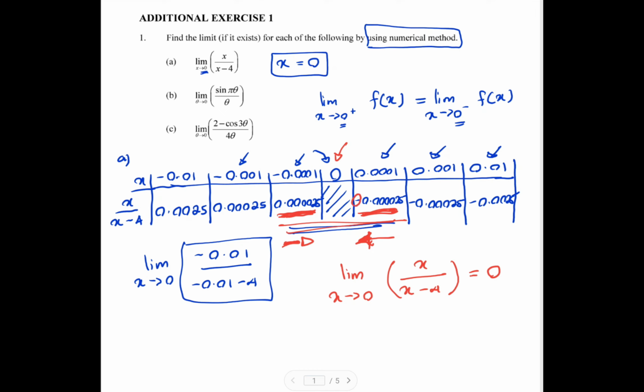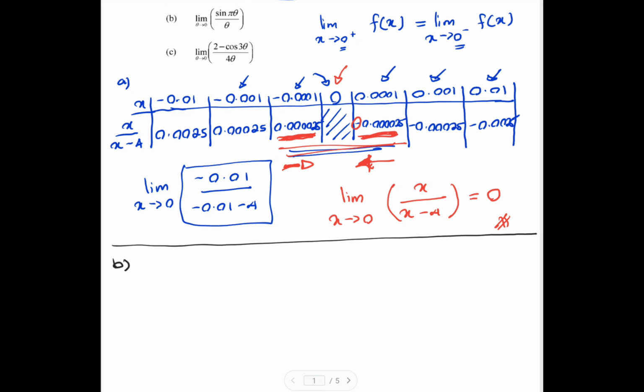When it approaches 0, it doesn't matter whether it is positive or negative. So that is the answer for question 1a, which is 0.